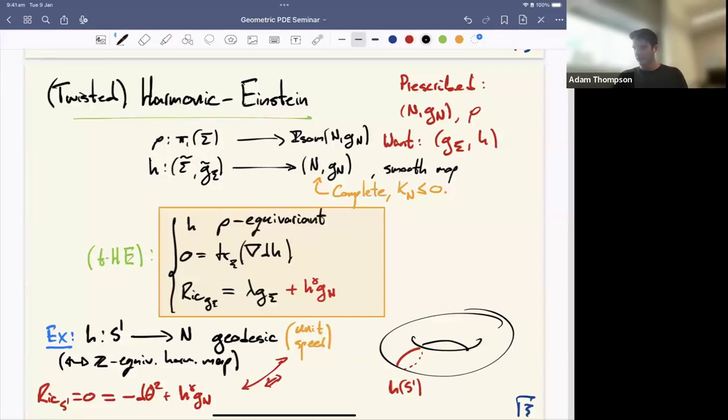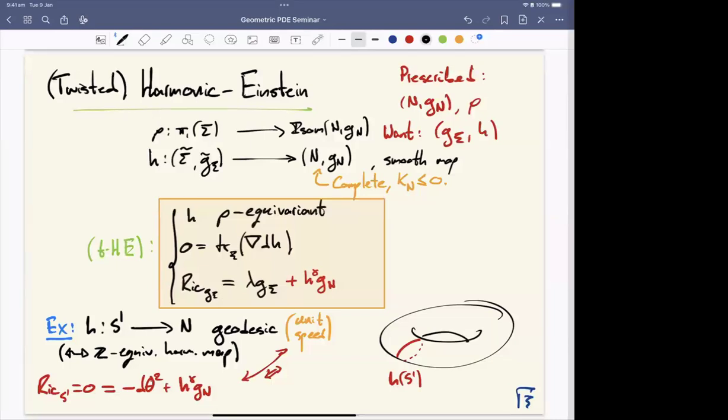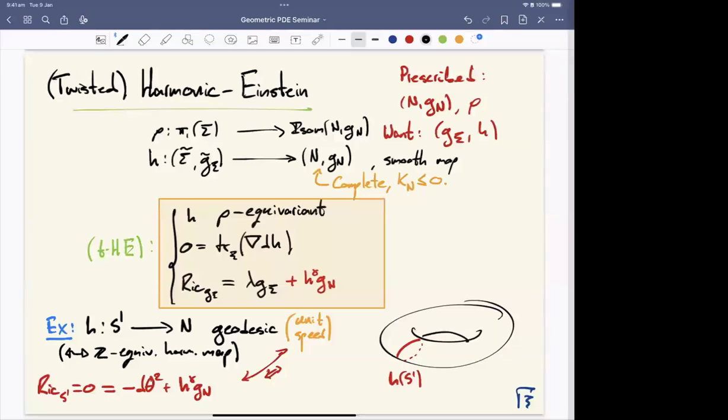I think the right way to think about rho in this case is, when you're talking about the classic harmonic map equation between two compact manifolds, often something you do is you prescribe a homotopy class and you want to find a harmonic map within that homotopy class. Yeah, the rho is somehow analogous to that, prescribing the homotopy class. Okay, great. Thank you. No worries.